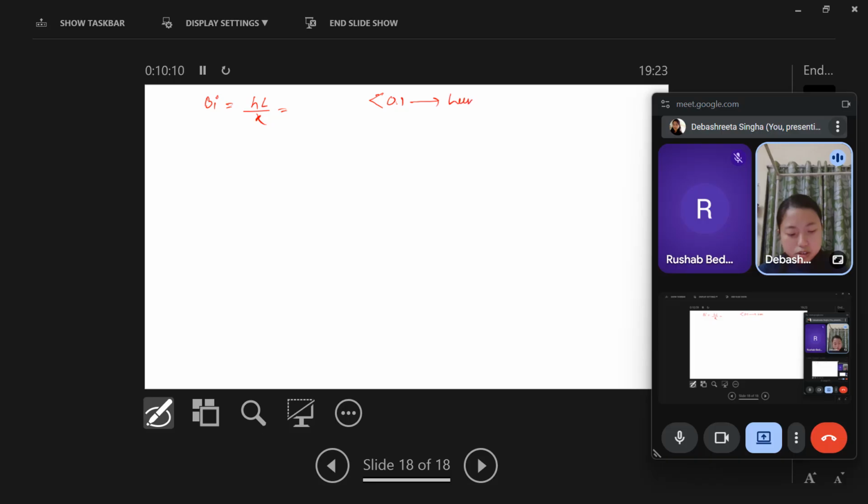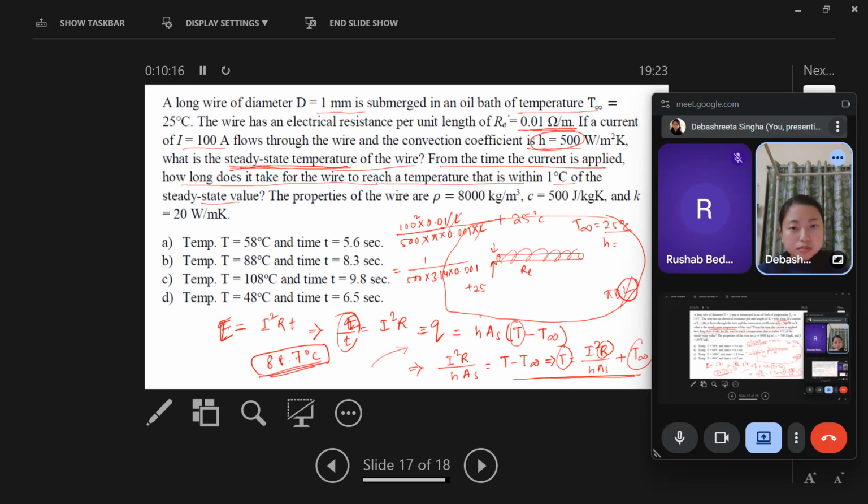Then only you get it as lumped model. Okay. So from the time the current is applied, how long does it take? So for this, we go for energy balance.